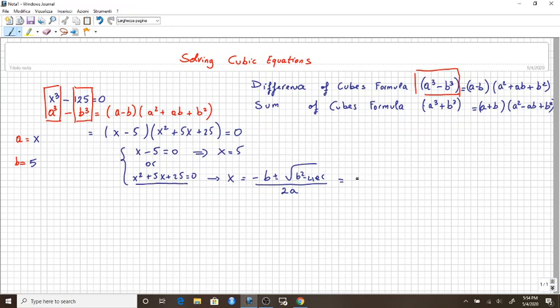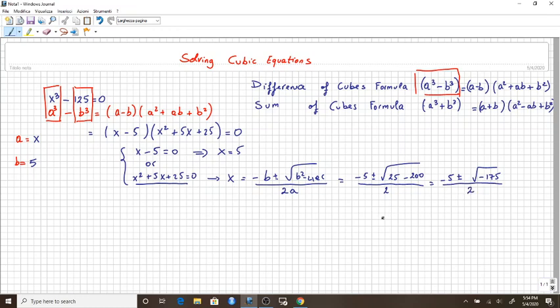So negative b becomes negative 5 plus or minus the square root of 25 minus 4 times ac, meaning 25 times 4 because a is equal to 1. So that would be 100, and then divide this by 2a, which is 2. So we get negative 5 plus and minus the square root of negative 75, and then we're going to divide this by 2 times a, which is 2.